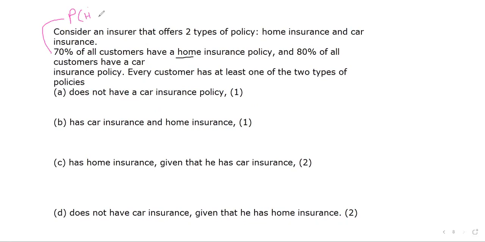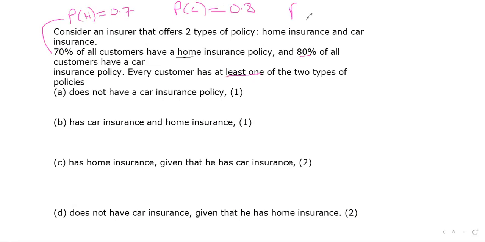We put it there systematically. And we are also told 80% have a car insurance. So probability of car is 80%, so 0.8. Then we're also told that every customer has at least one of the two.